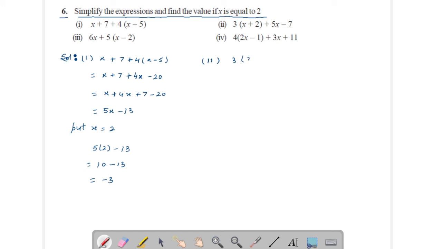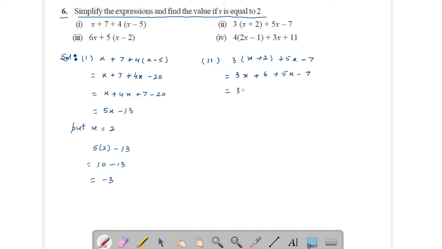3 within the bracket x plus 2 plus 5x minus 7. Now solve this. Open the bracket. We will get 3x plus 3 twos are 6, plus 5x minus 7. Collect the like terms.